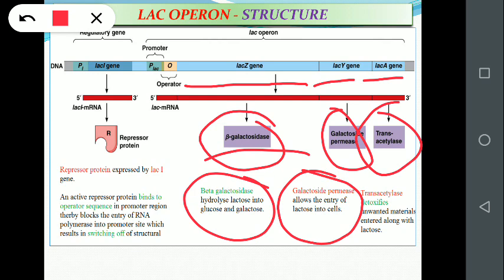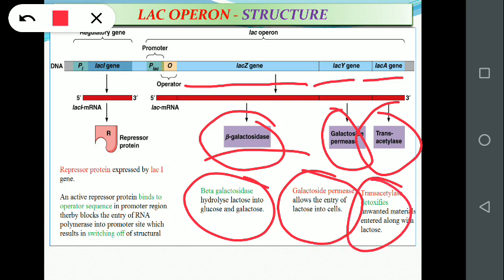Sometimes it may happen. So if those toxic materials are not detoxified, then that will harm the bacteria. So the unwanted material which entered into the cell through the permease must be detoxified. Okay, that detoxification requires one enzyme. That enzyme is trans-acetylase. So these are the roles of three structural genes.